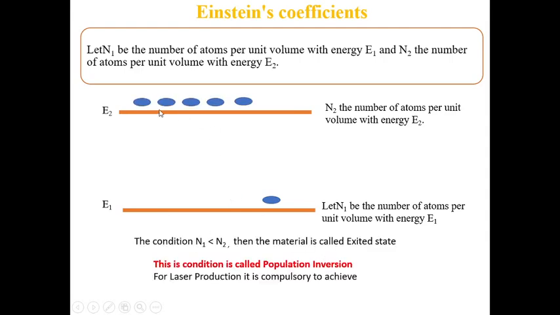After reaching the excited state, all the atoms are present in the excited state except one or two atoms in the ground state. This is called population inversion. In this condition, n1 is less, meaning fewer particles exist in the ground state, and n2 is greater, meaning more particles exist in the excited state. So population inversion is achieved.